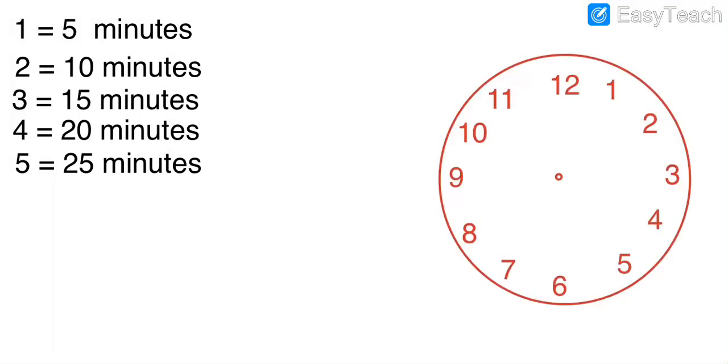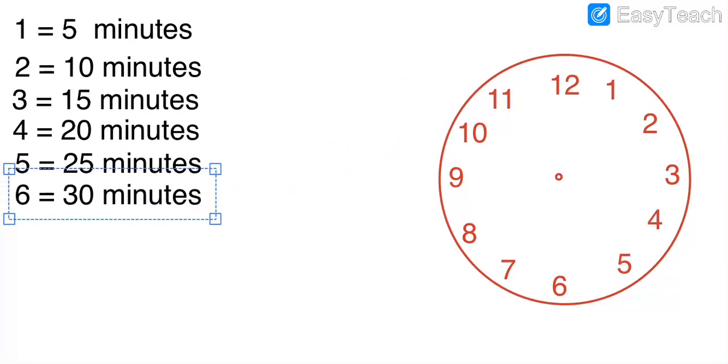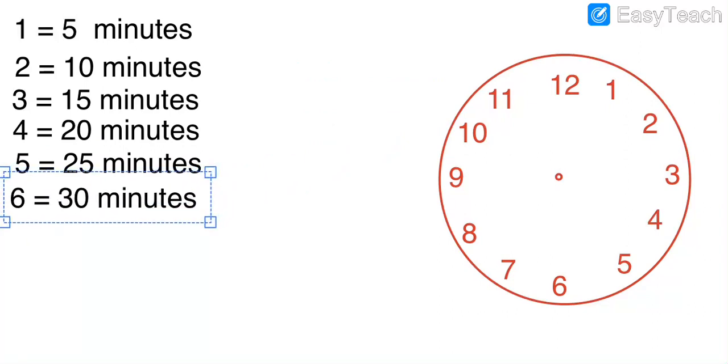See, my dear students, this is a clock and it shows 1 to 12, means 1, 2, 3, 4, 5, 6, 7, 8, 9, 10, 11, 12, up to 12 o'clock. Got my points?